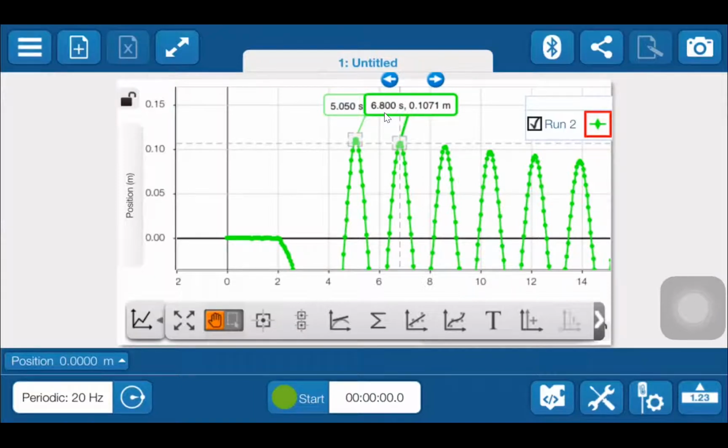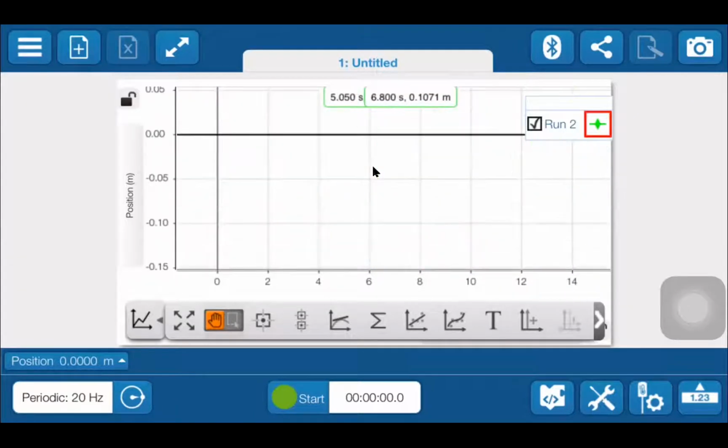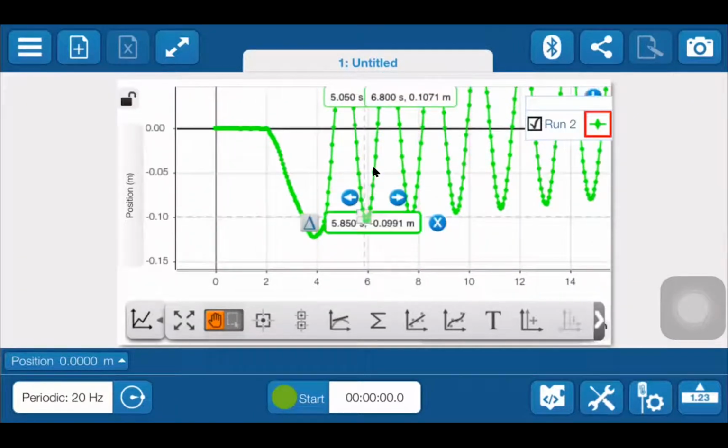And you can get that from the troughs as well. So between two troughs, one of them here, is this the maximum? No, I think 5.95.